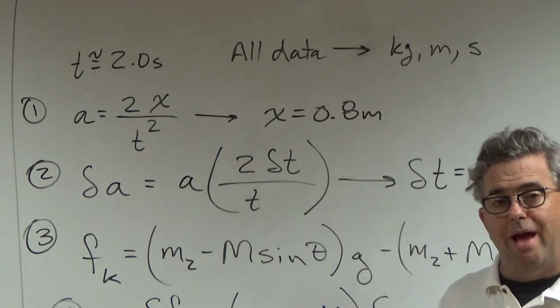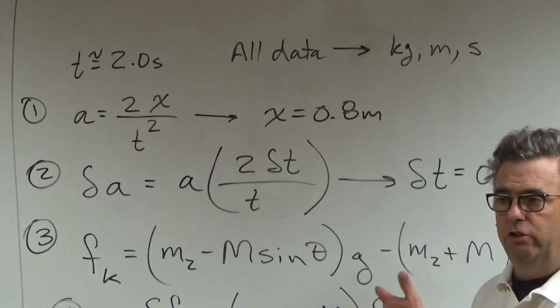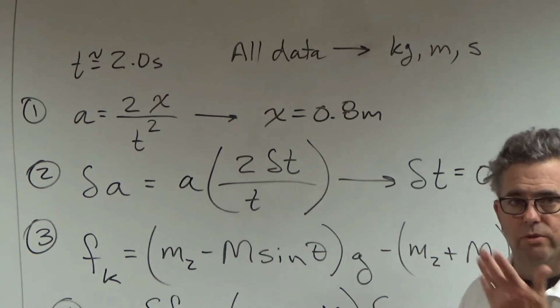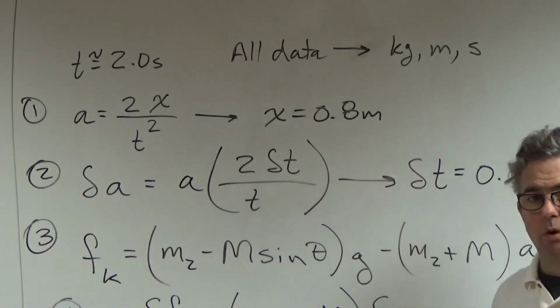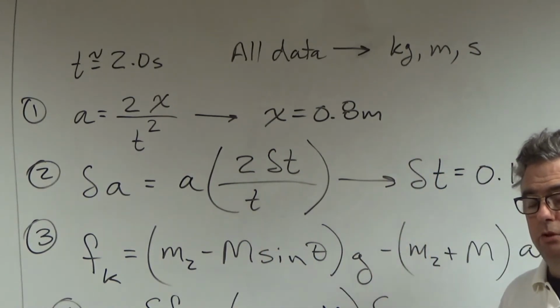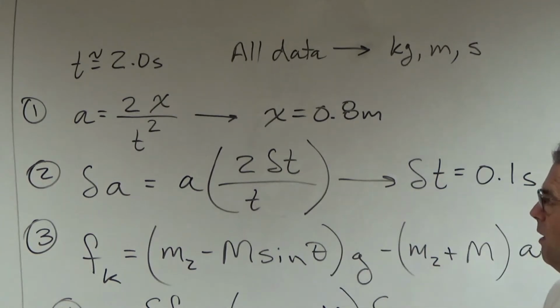I may send you the masses in grams. You need to convert that to kilograms. I may send you the distance in centimeters or some such thing like that. But we want to make sure that the forces come out in newtons for Fk that we're going to calculate, and a newton is a kilogram meter per second squared.